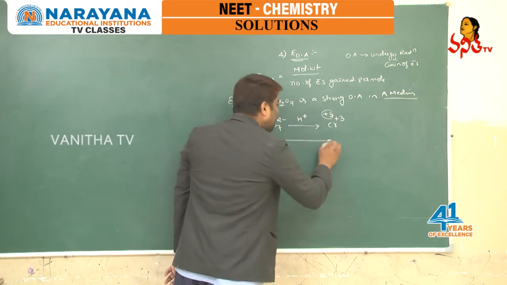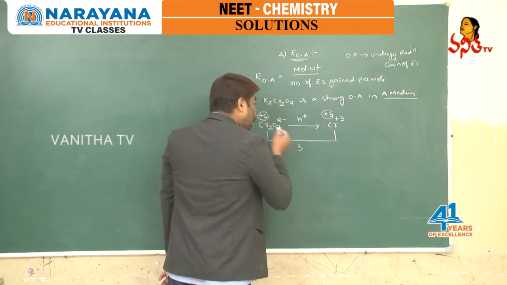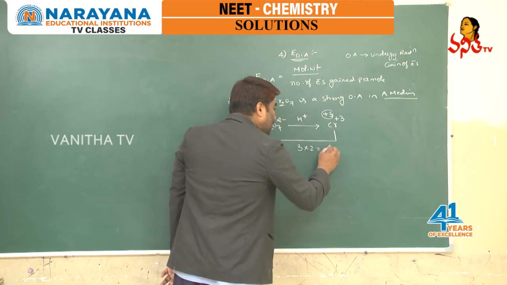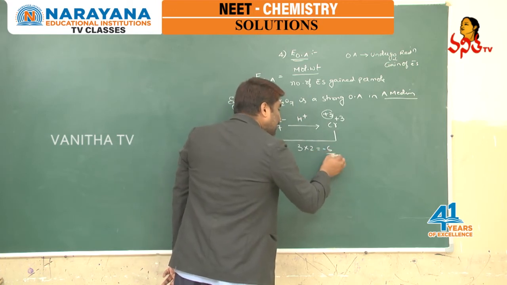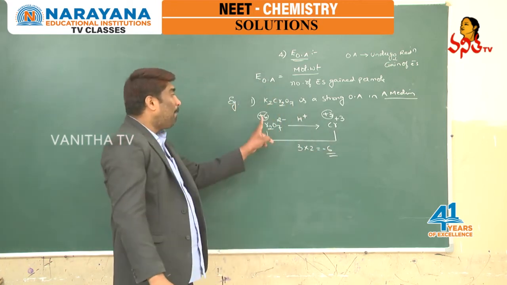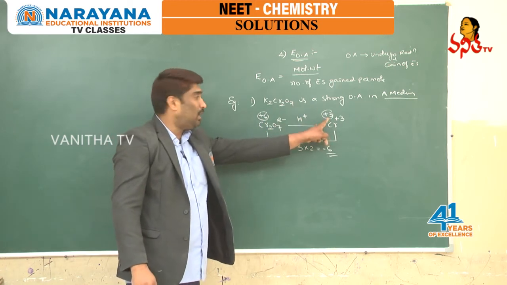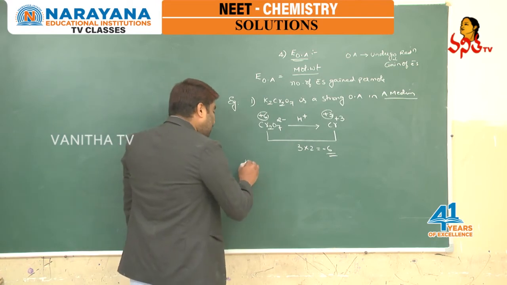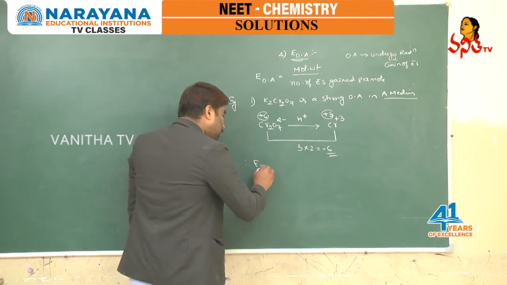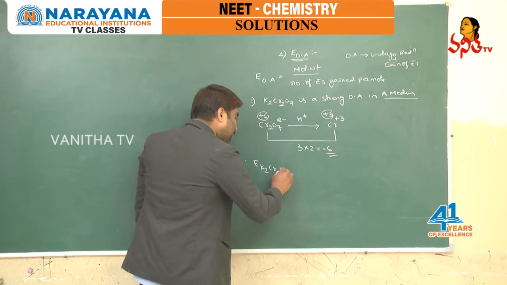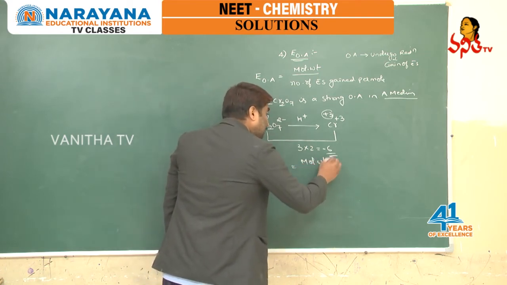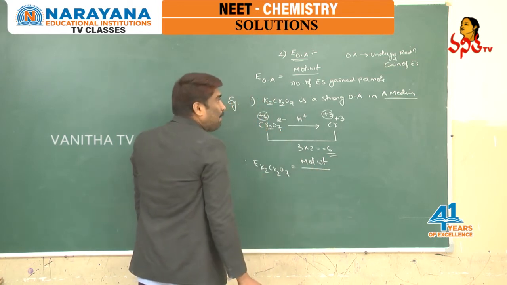Therefore, how much is decreased? 3. But how many chromiums are there? 2. So 3 into 2, the total decrease is 6. The oxidation state is decreased by 6 units. Per chromium, the decrease is 3, but here 2 chromiums are there, so the decrease is 6. Therefore, equivalent weight of K2Cr2O7 is equal to molecular weight by the decrease in oxidation number, which is nothing but the number of electrons gained.